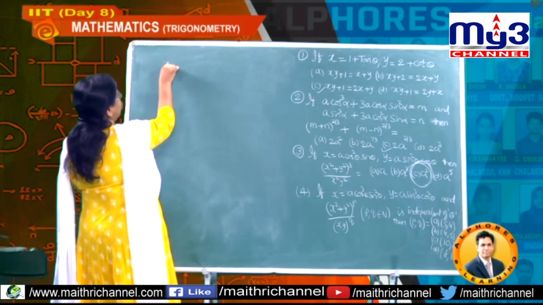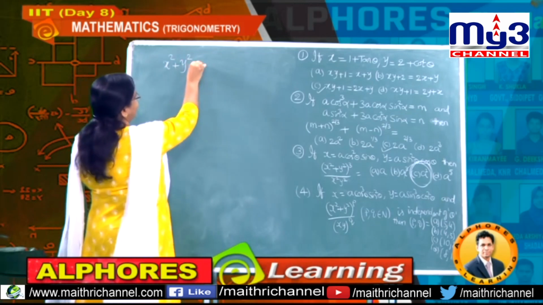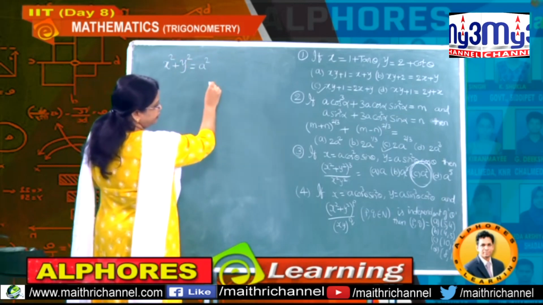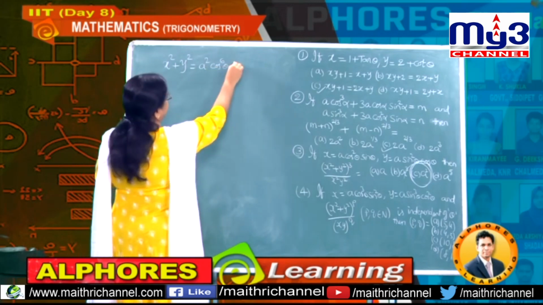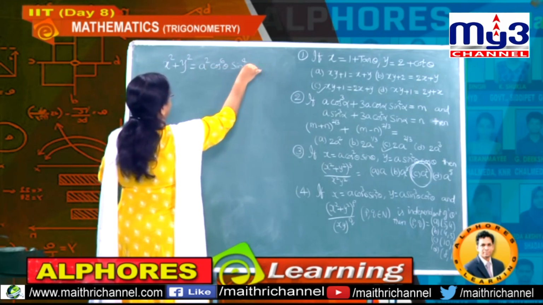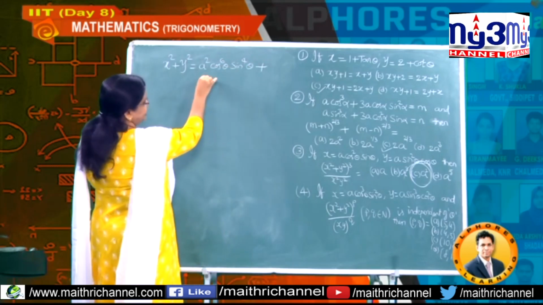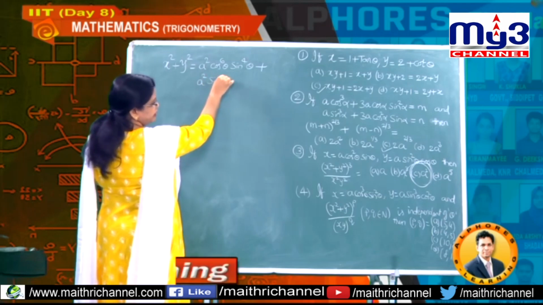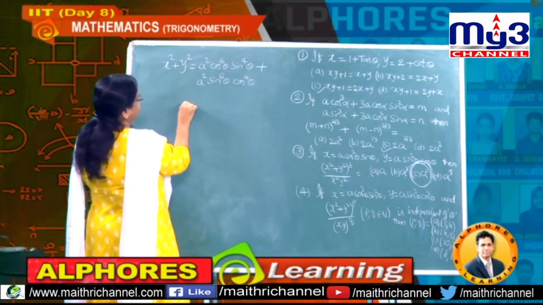Let us take x square plus y square. What is x square? A square into cos to the power of 6 theta and into sin to the power of 4 theta, plus y square. Y square means a square sin to the power of 6 theta and cos to the power of 4 theta. How much can you take common here?